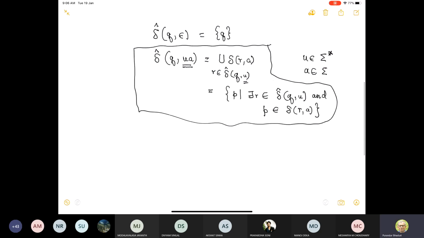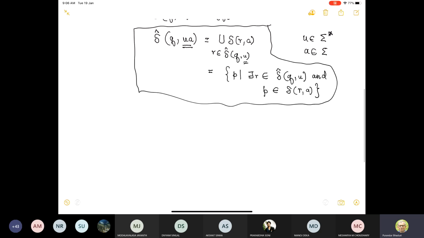And if you have any doubts, you can ask me now. So this is the meaning of delta hat.